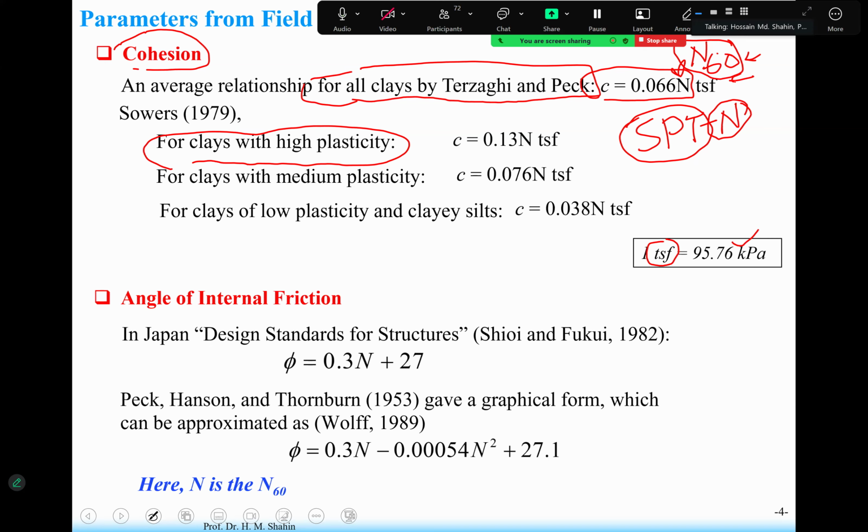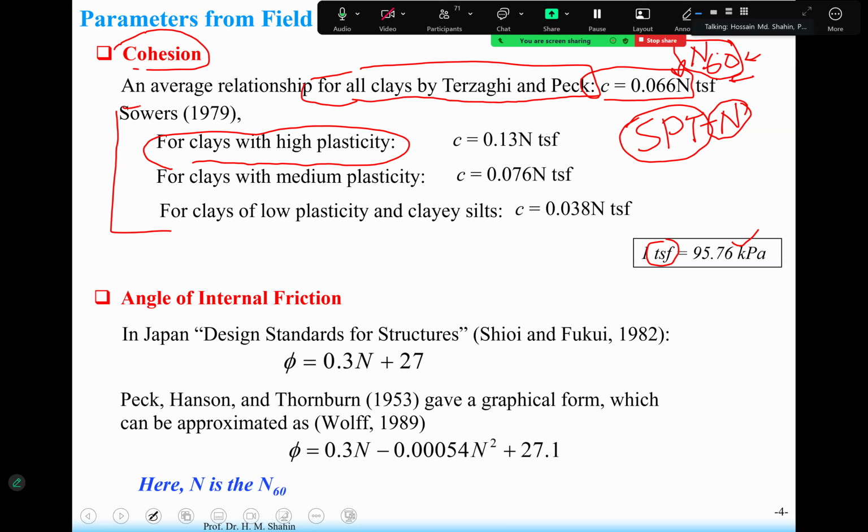Okay. So here, what you have to use? We'll use mainly this Schwarz equation, not Terzaghi's equation. Medium plasticity, you can check your LL.